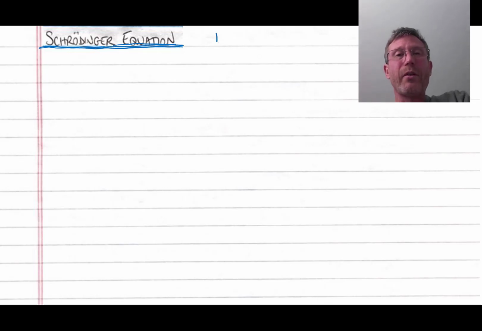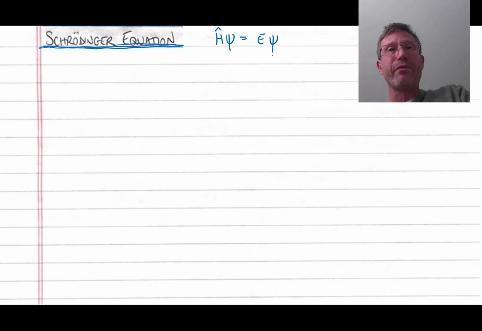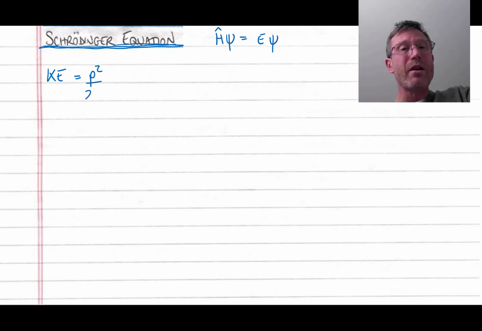Of course, our Schrodinger equation, we all know this, right? But what we have to do, this is rule 3, is build the Schrodinger equation, and first of all determine the Hamiltonian operator. Our kinetic energy is equal to p squared over 2 mu, now working with the reduced mass.